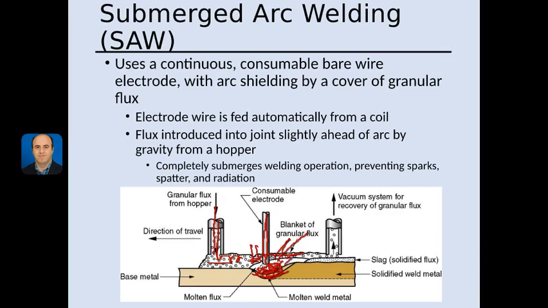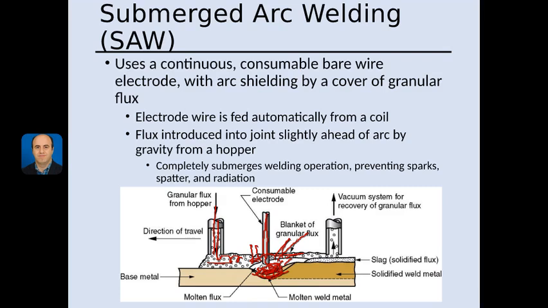Fume and UV light are part of arc welding processes. So this is one advantage, right? If you can protect the bystander or people around it from the UV light, that is one advantage.